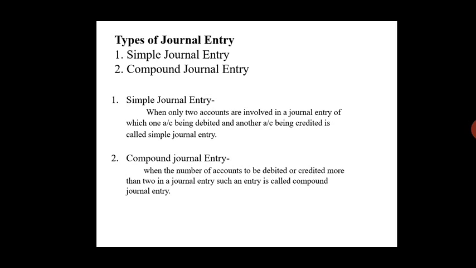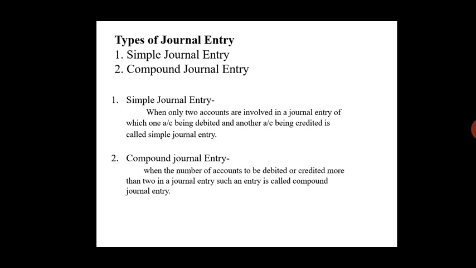If two simple journal entries on the same date are affected, then there will be a compound entry. As well as, if there is a common account, at the debit or credit side involved, then it is also a compound journal entry.